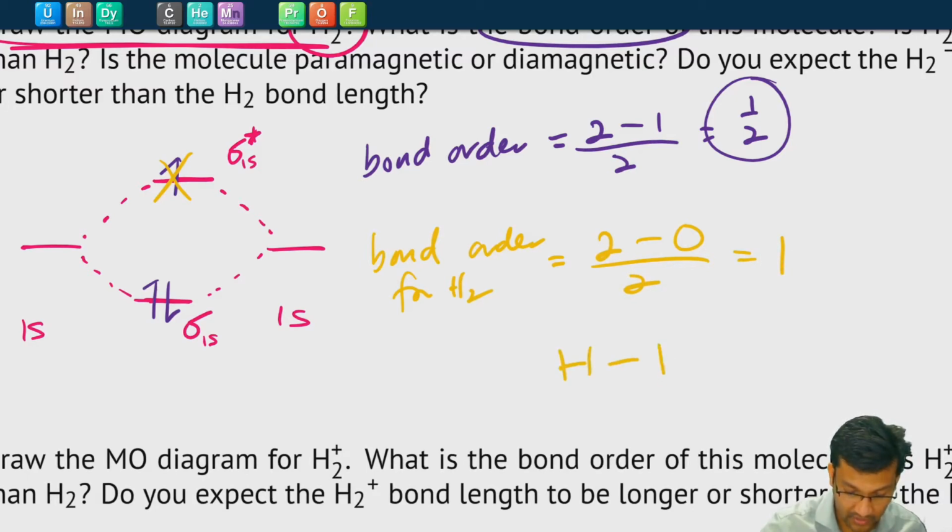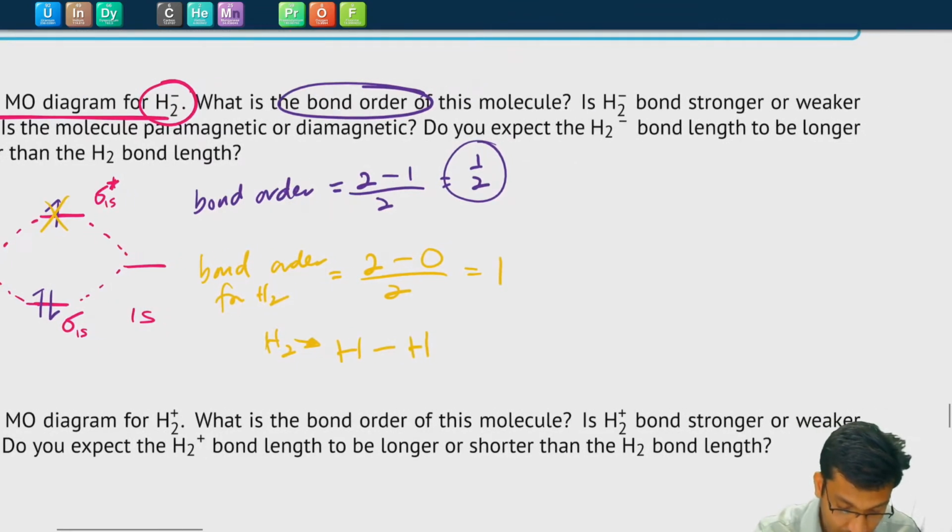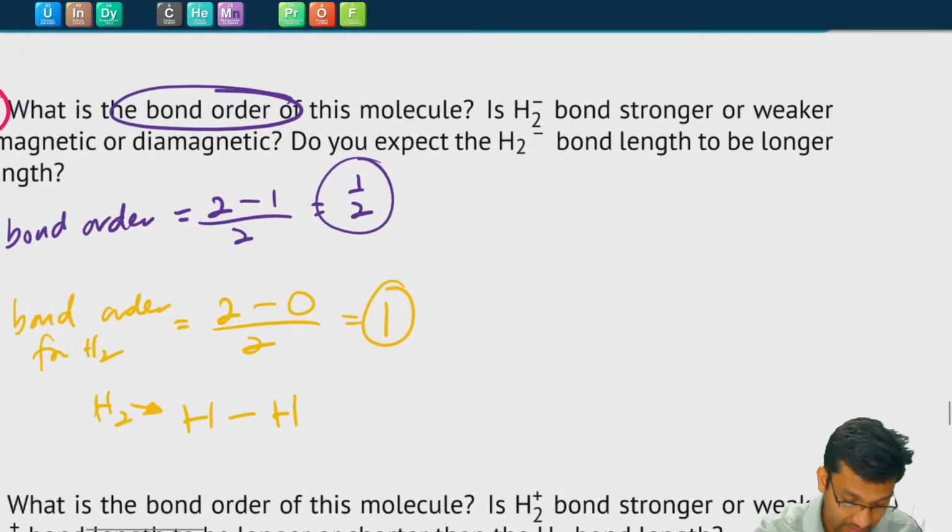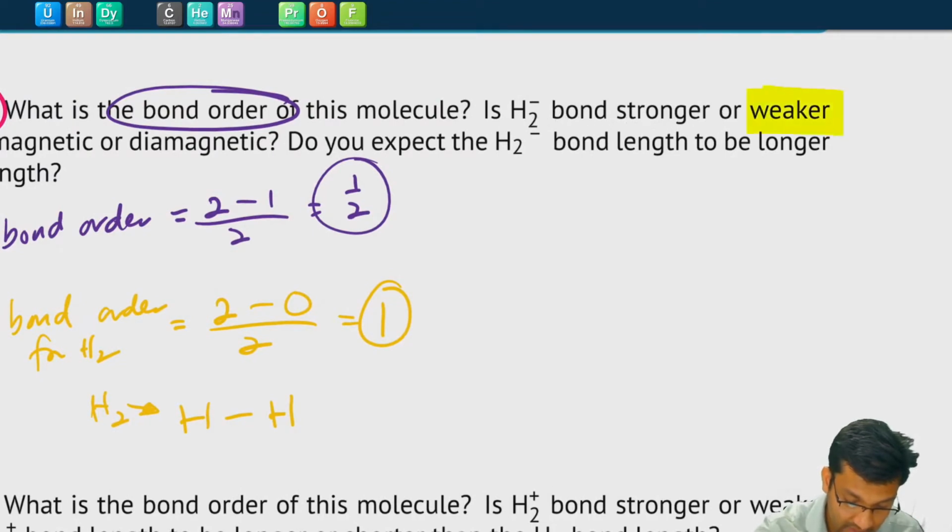We know that hydrogen has a single bond in between. So if H2 minus has a half a bond, and H2 has a full bond, which one's stronger? Well, as you might suspect, H2 minus is weaker because the amount of bonds that it has is less than H2.